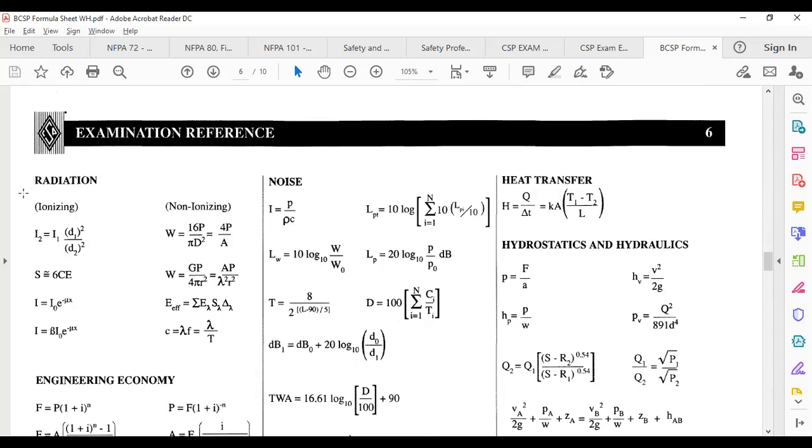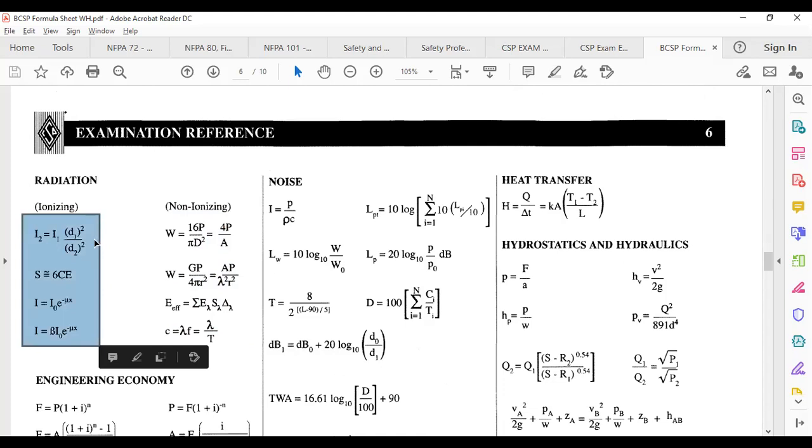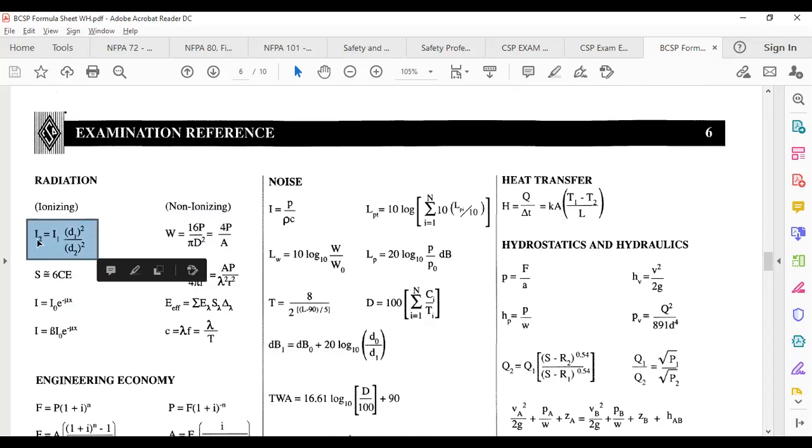There is a column for ionizing radiation and non-ionizing radiation formulas. Most probably, the questions will be framed from ionizing radiation formulas. So this is the first formula we are going to use now: intensity ratio, final intensity to initial intensity, equals initial distance squared by final distance squared.